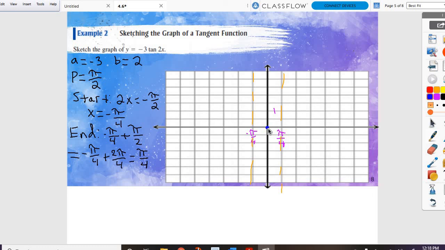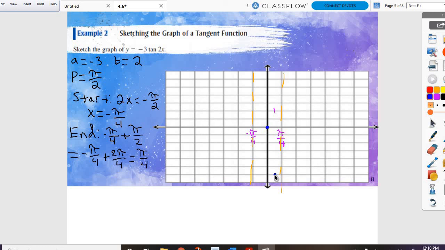But also, we have a negative out to the front. What does that negative do? It flips it over the x-axis. So instead of being down on the left side and up on the right side, it's going to get reflected.